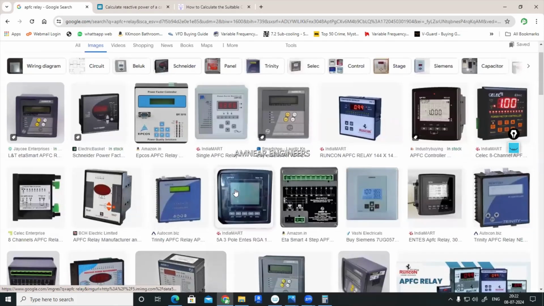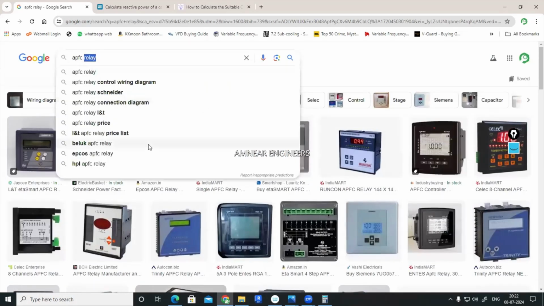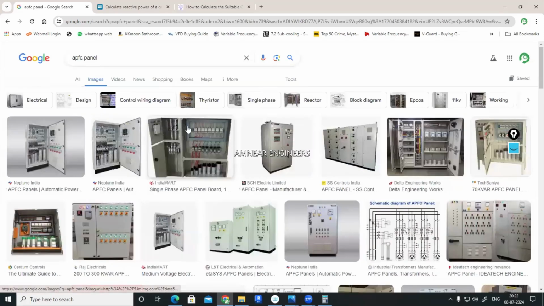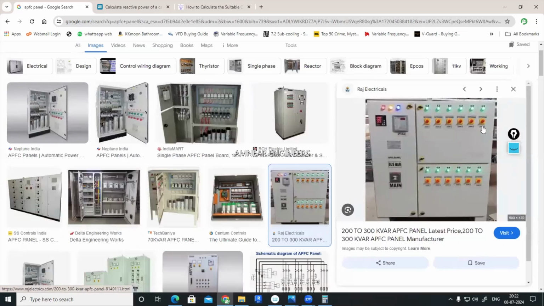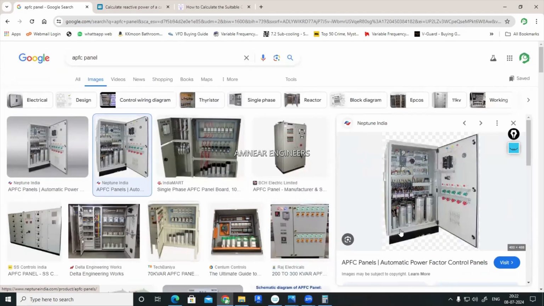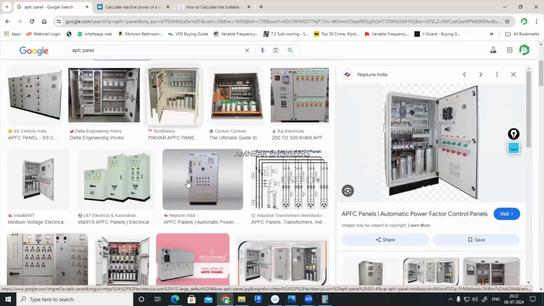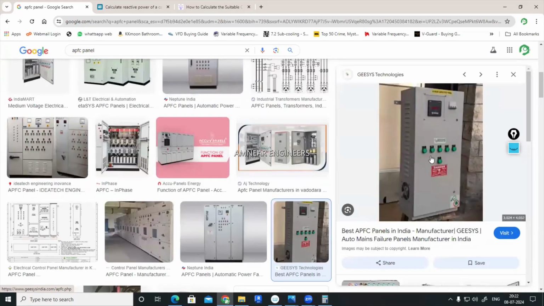If you look at an APFC panel externally, the power factor will be showing here on the display. The connection of the relay comes internally, at the back side from inside the APFC panel.